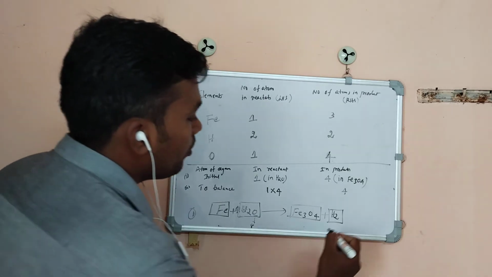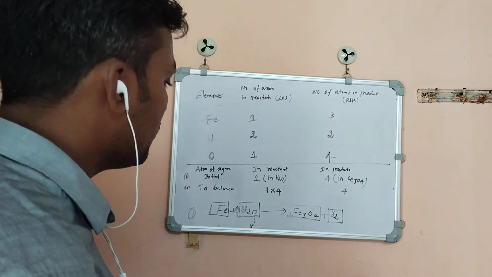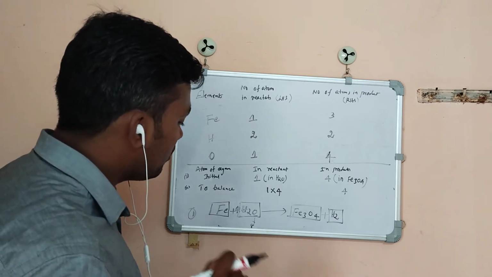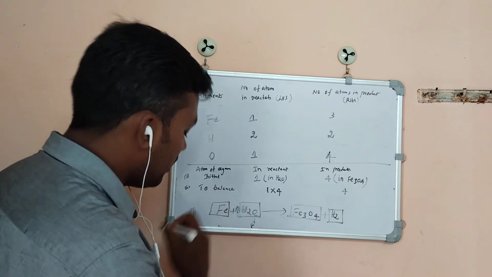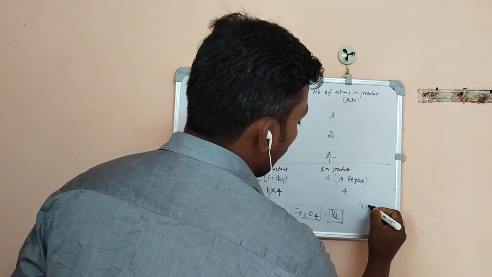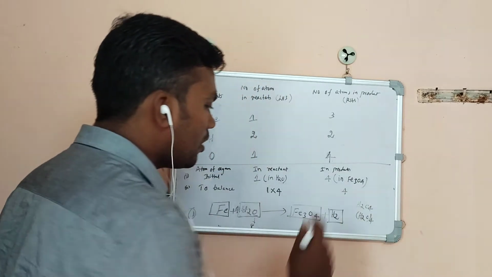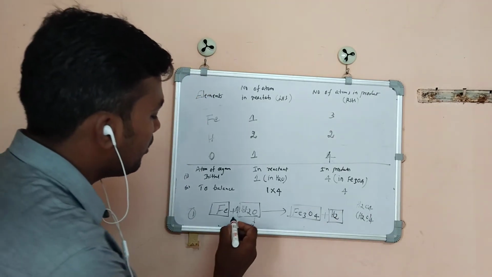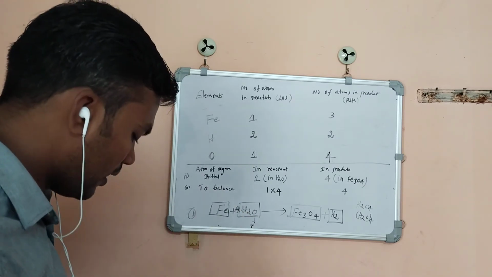When you write this, don't write the formula like this. You need to write the number in front of the formula, not here. For example, you should not write H2O4. You should not write like this. You need to write 4 in front of the formula, like 4H2O.